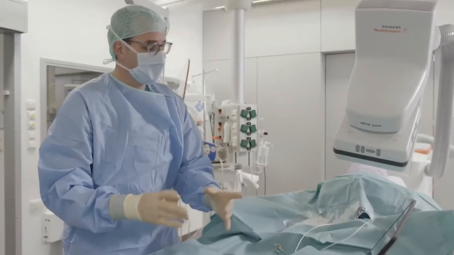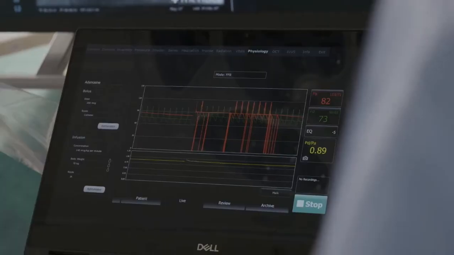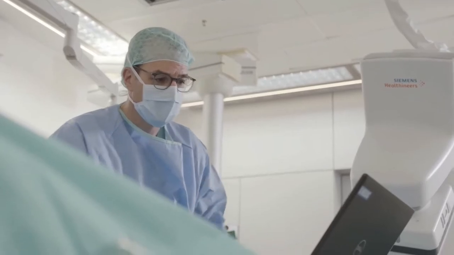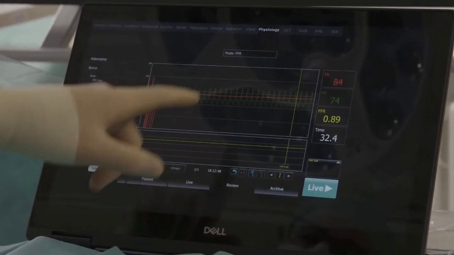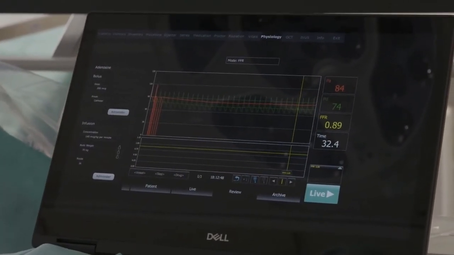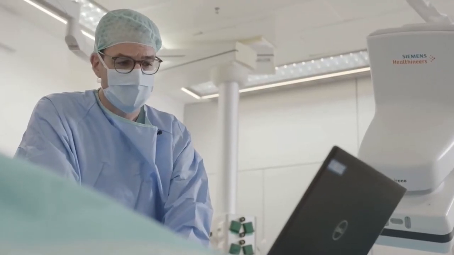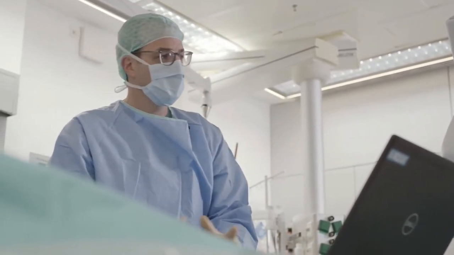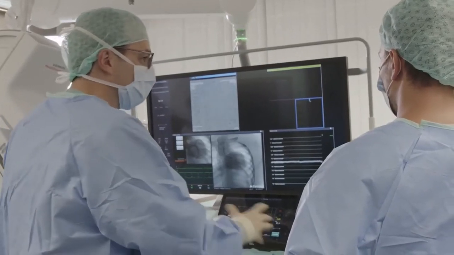So we are doing now the FFR of the LAD. We measured the FFR of the LAD finally. As you can see, there is a value of 0.89, which is not relevant, so that we actually are finished and we can conclude.